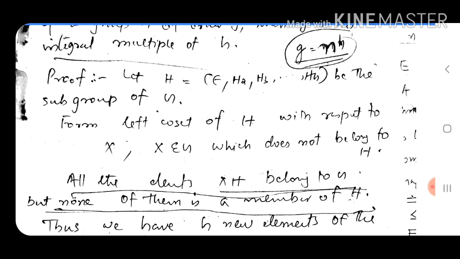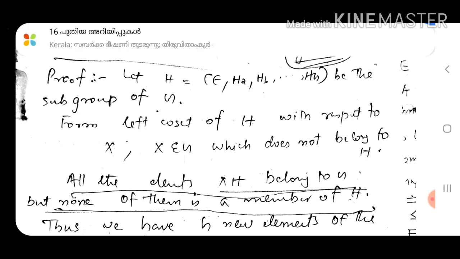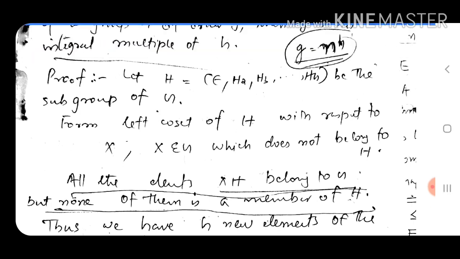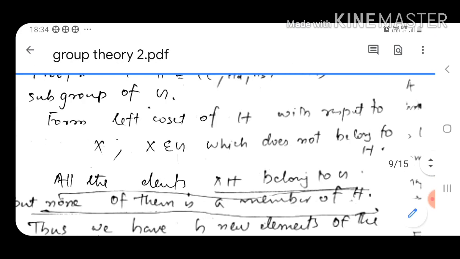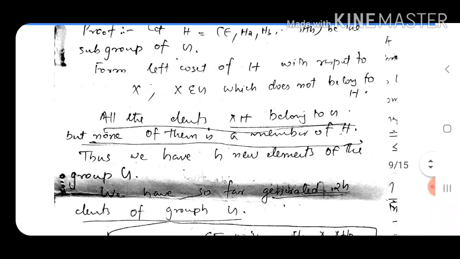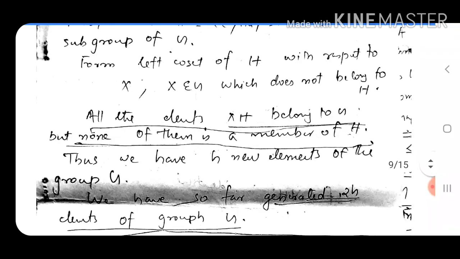If the element is taken from H, we will be simply getting H, just a rearrangement of elements. So we take an element from group G which does not belong to H. Now all the elements XH belong to G, but none of them is a member of H. This we have proved earlier.